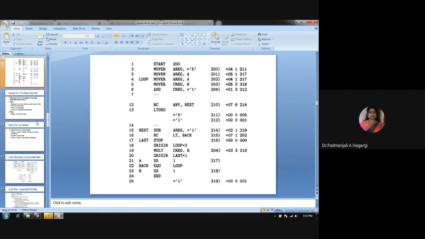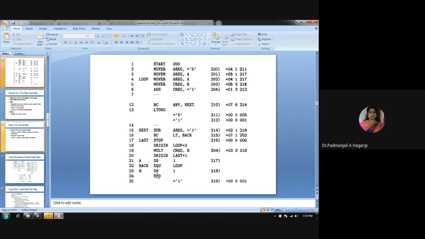Then one more we would like to see here, DS. DS is nothing but data storage, and this supports identifiers in the assembly program.